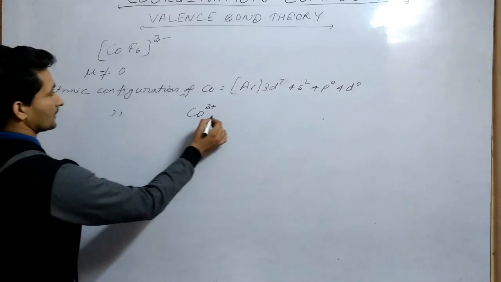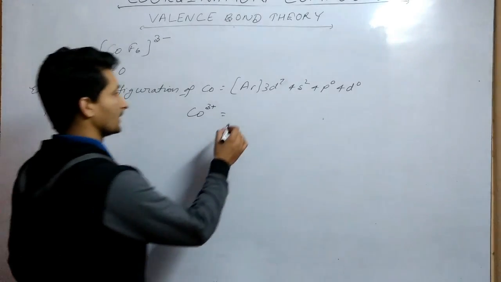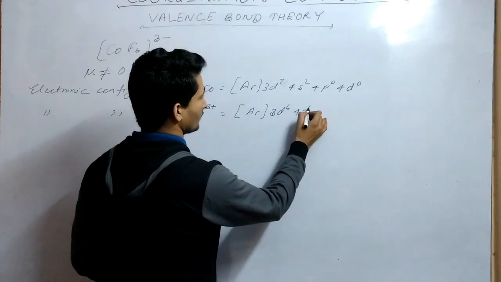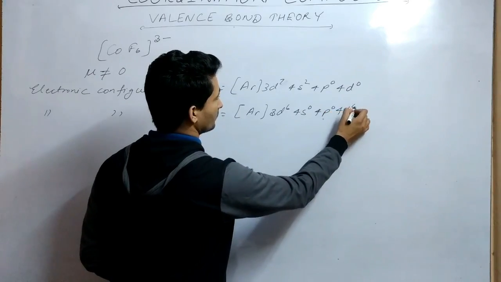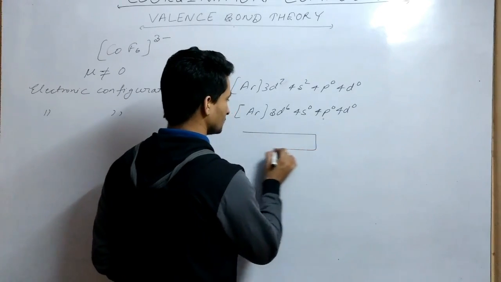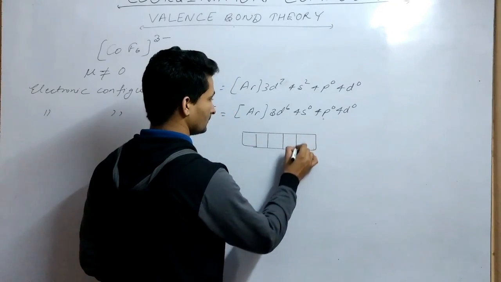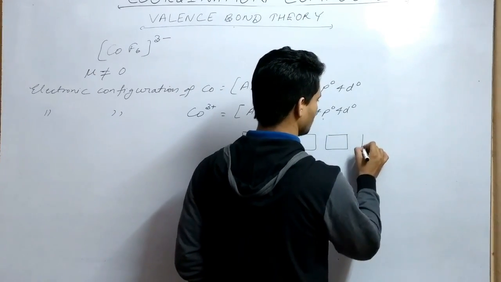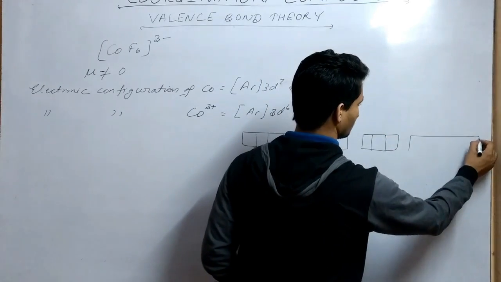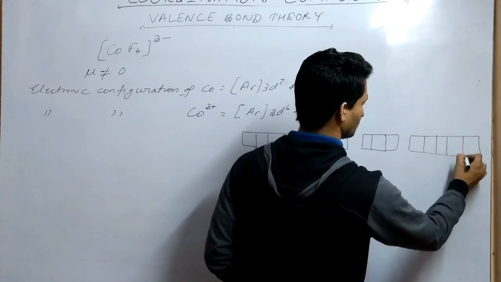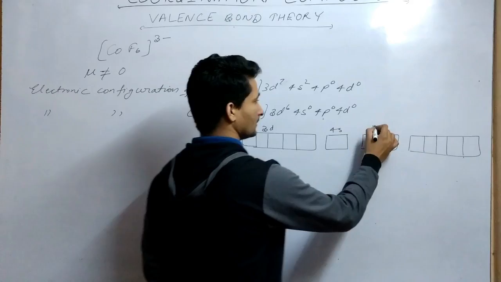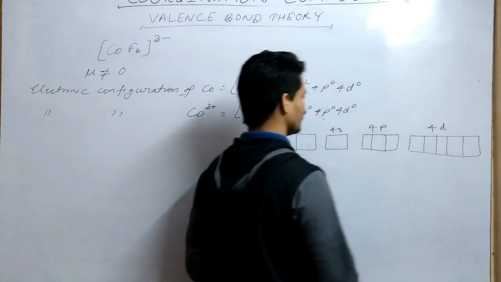So the electronic configuration of Co3+, again it's the same, argon 3d6 4s0 4p0 4d0. Fine. Now I will draw the outermost. See, this is 3d, this is 4s, this is 4p, and this is 4d.